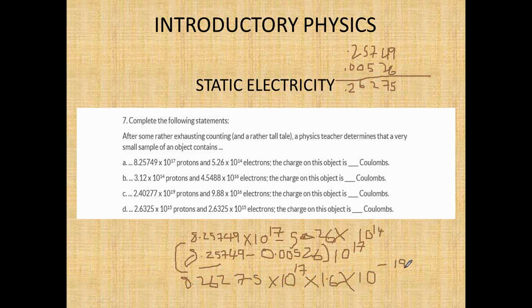So 1.6 times 8.26275, and you get 13.22.